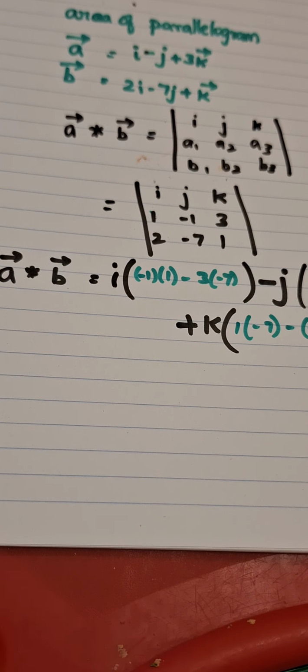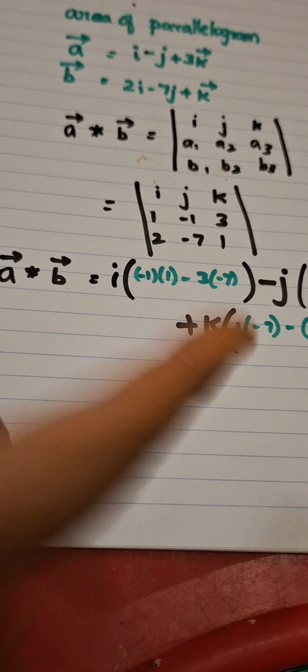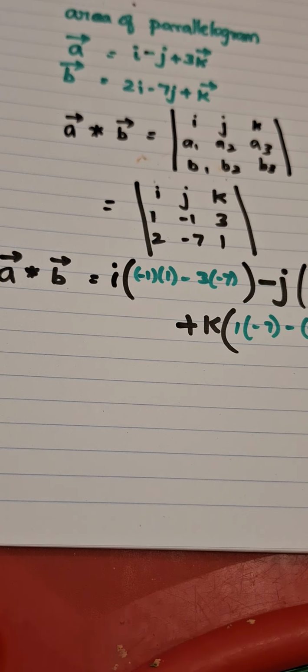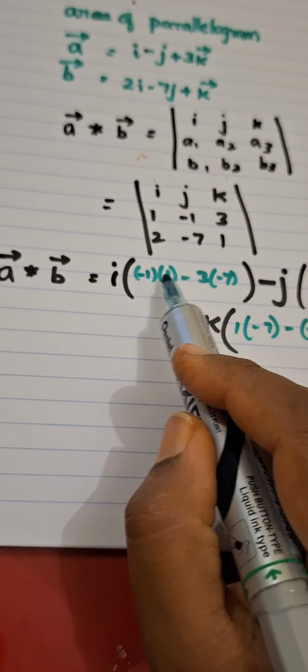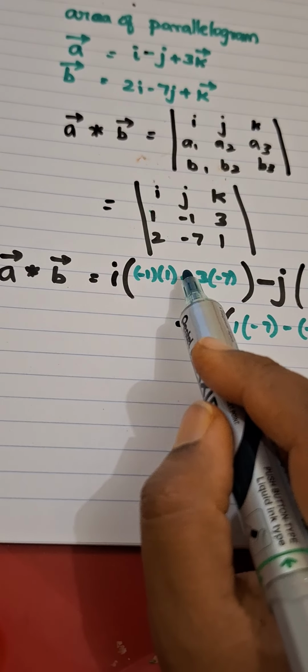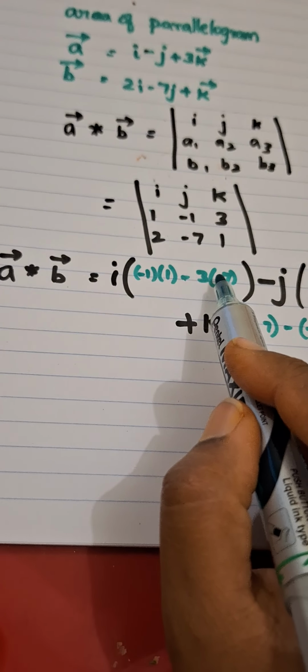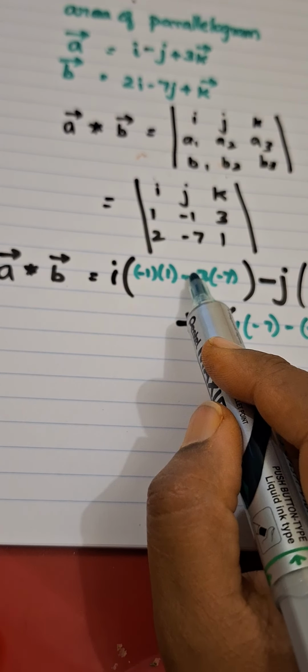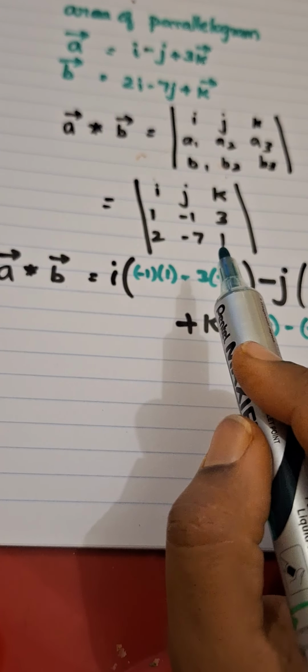So this is the formula we are using. What do we get here? 1 into 1 minus 3 times minus 7, that is minus 1 plus 21, which is 20.